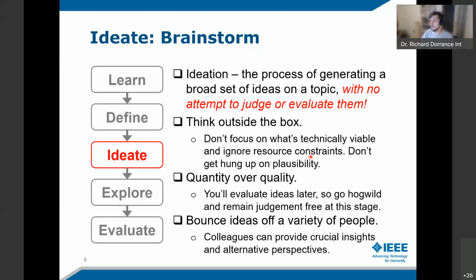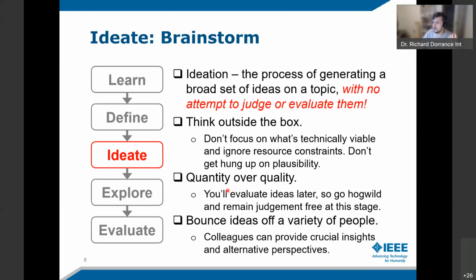So if you bring these different constraints in too early, you can actually kill a solution before you get a chance to evaluate it and see, is it actually a good solution?